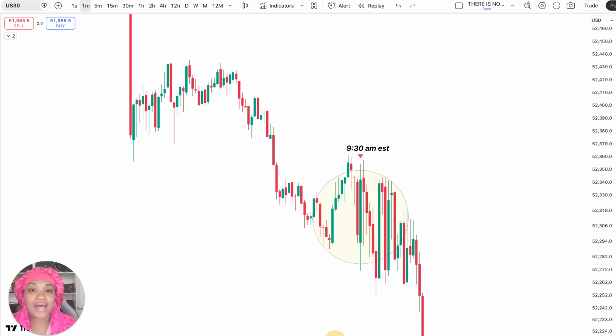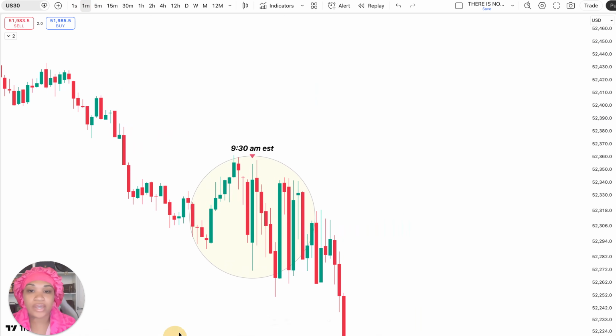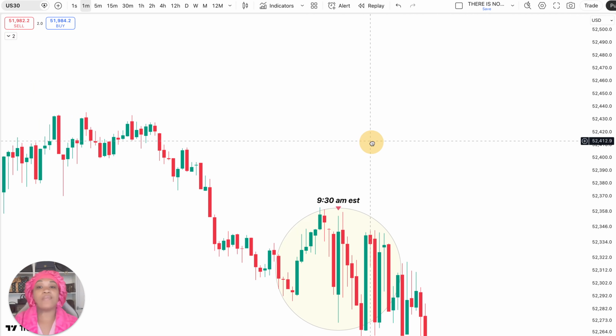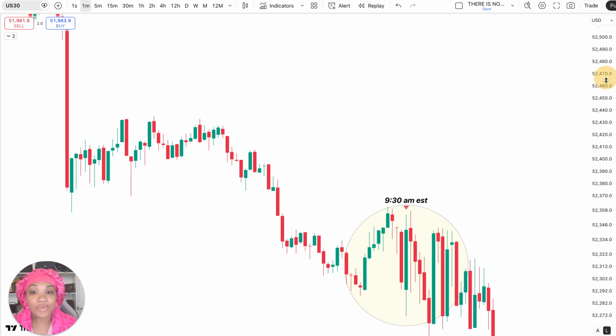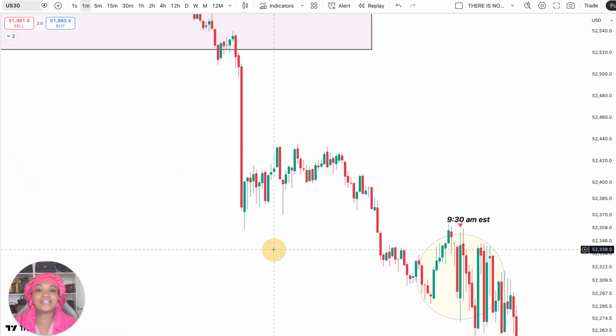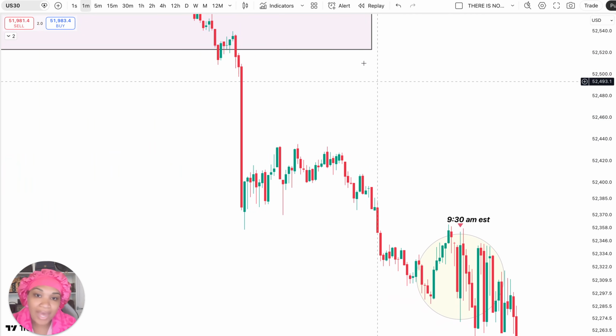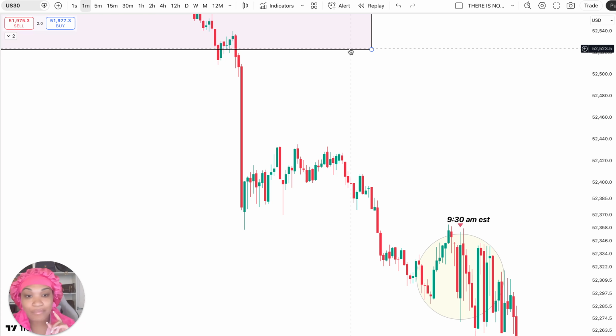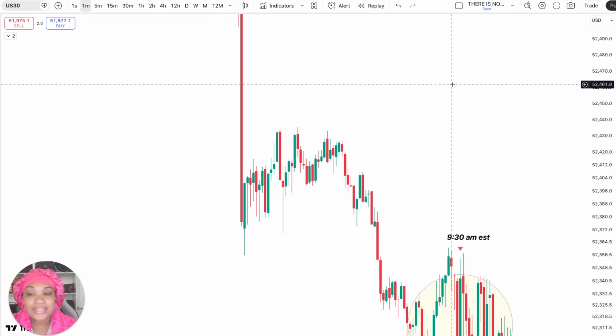Here is that 9:30 candle, 9:30 right here. Now, remember what we looked at in the previous sessions. Price has been breaking structure to the downside. And I think that sometimes we see that price left behind imbalance and our brain tells us that price must retrace back to the imbalance before continuing lower. But price also sets the tone for how it's going to move and operate.